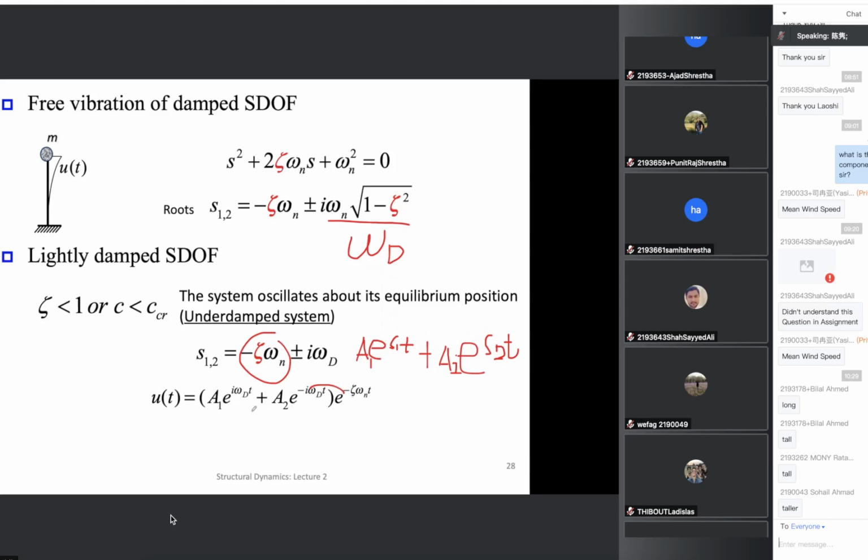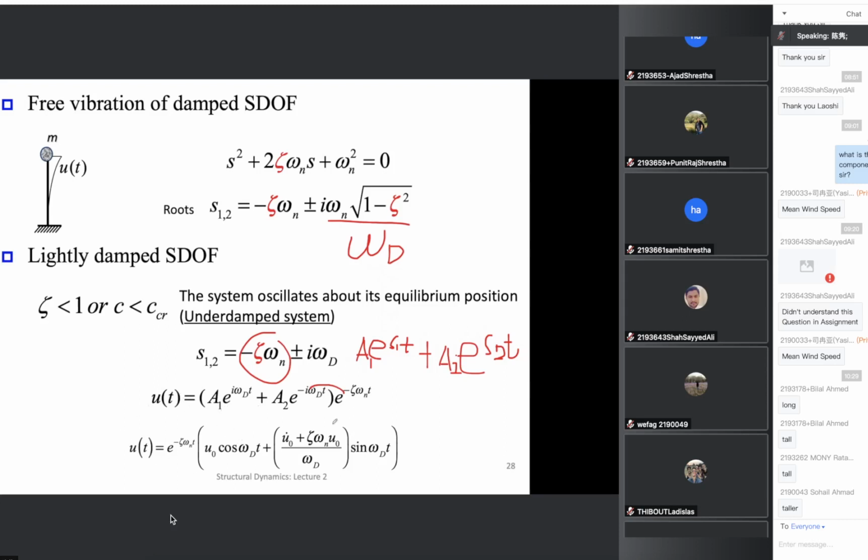And from here, similar to the SDF system without damping, we can determine A1 and A2, because you can further use the Euler equation. You can introduce initial conditions to determine the A1 and A2 values.